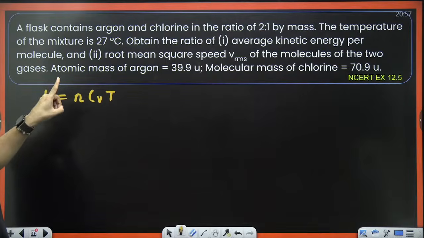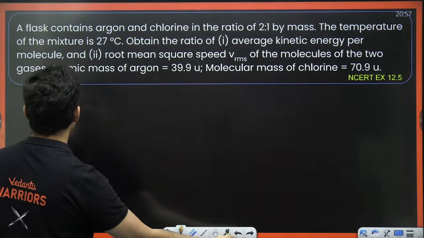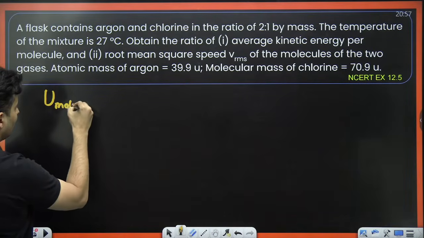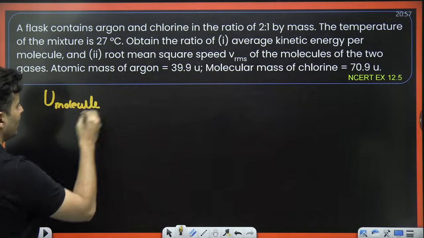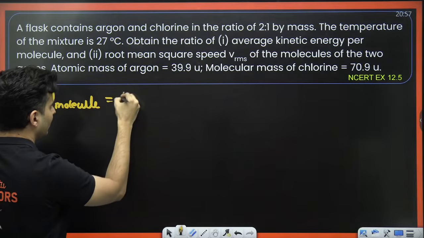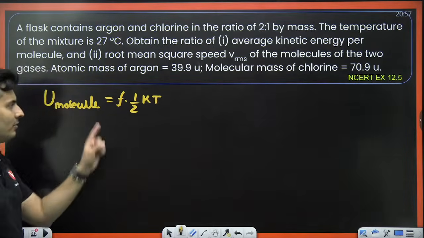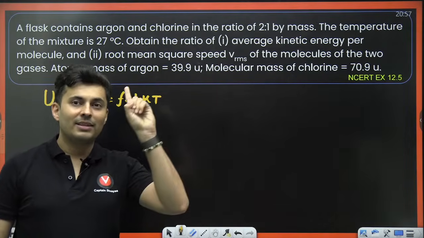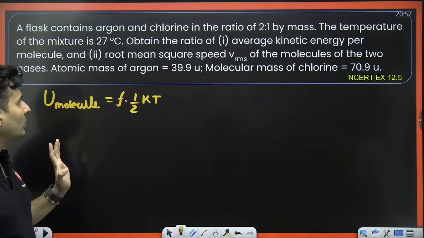But per molecule, the energy of a molecule is nothing but the degrees of freedom into half kT. Half kT is per degree of freedom. If there are f degrees of freedom, it will be f times half kT for a molecule.